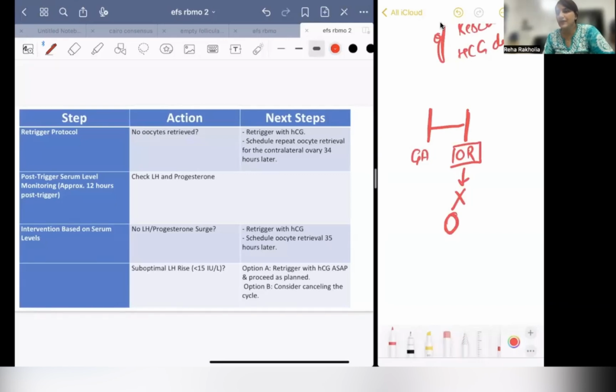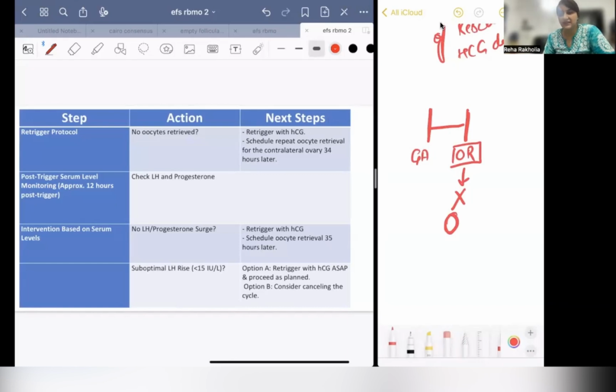Basically, we do that for HCG, because if there is no egg retrieved even after three oocyte pickups, we will check the follicular fluid for HCG. We'll put it in the urinary HCG kit, and if it's positive, that means HCG is in optimal amount. So we'll continue the oocyte retrieval.